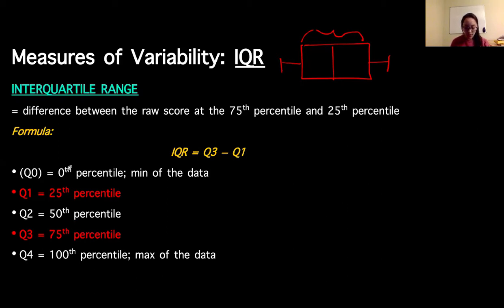Okay, so for sake of this example, we'll call this Q0. Okay, if we move along, we would expect the 25th percentile to be what we call the Q1.